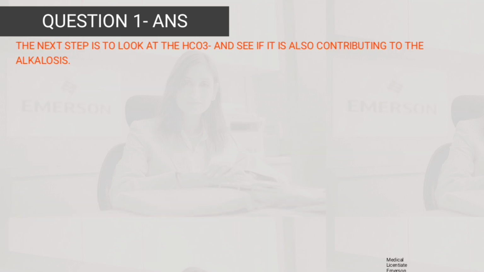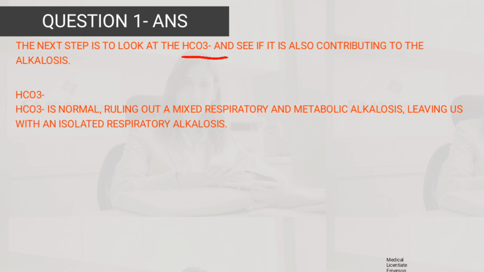So next thing we are going to do is look at the bicarbonate level and see if it is also contributing to the alkalosis. So the bicarbonate level is normal, which rules out a mixed respiratory and metabolic alkalosis, leaving us with an isolated respiratory alkalosis.